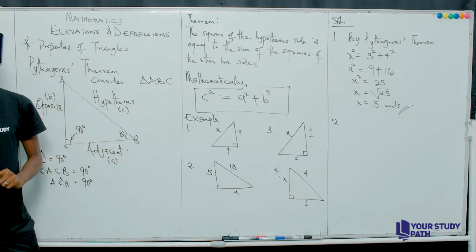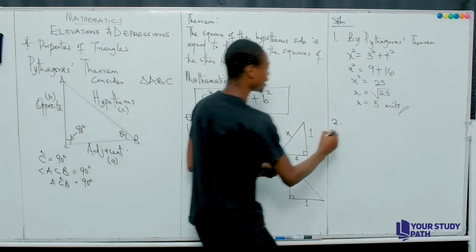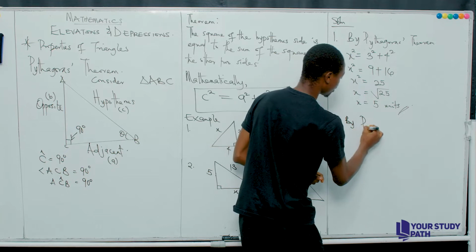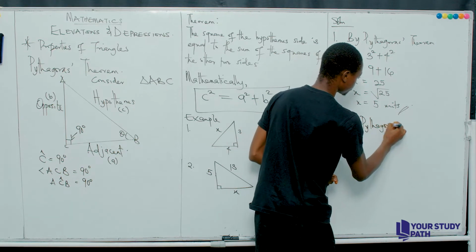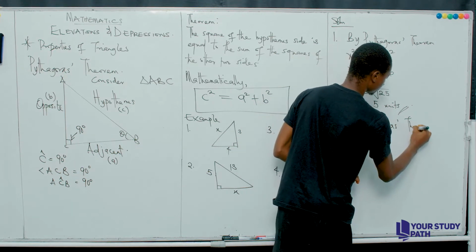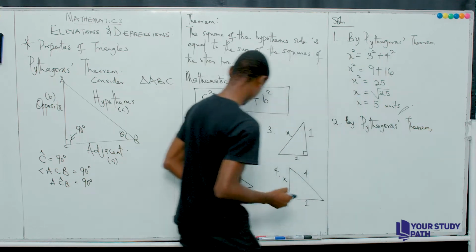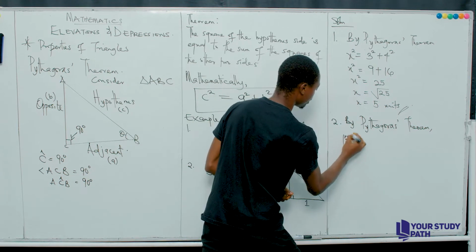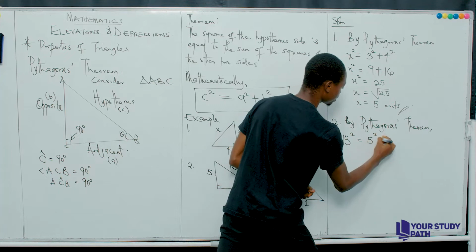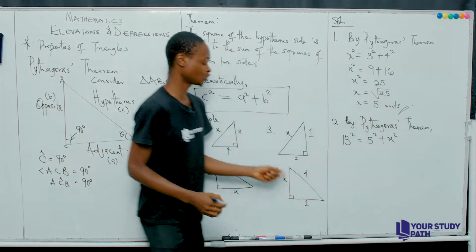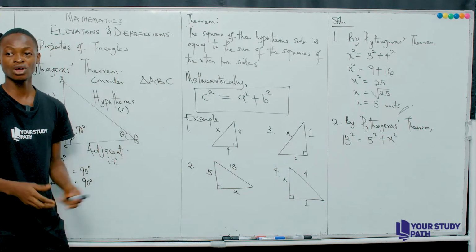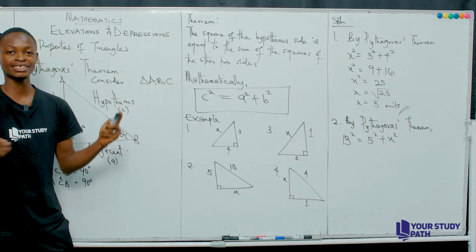Similarly, for the second case, we can see that the hypotenuse, which is the side opposite the right angle, is 13. So we are saying that by Pythagoras theorem, 13 squared will be equal to 5 squared plus x squared. That is the sum of the other 2 sides. Now at this point, all we have to do is make x the subject of the formula.